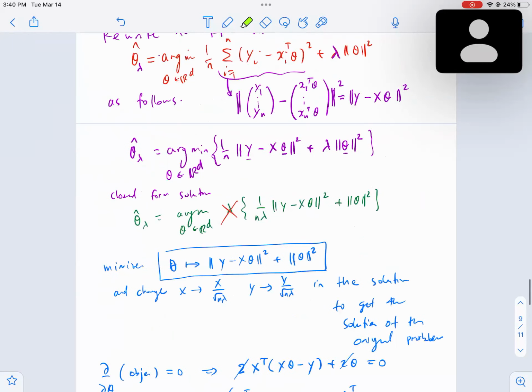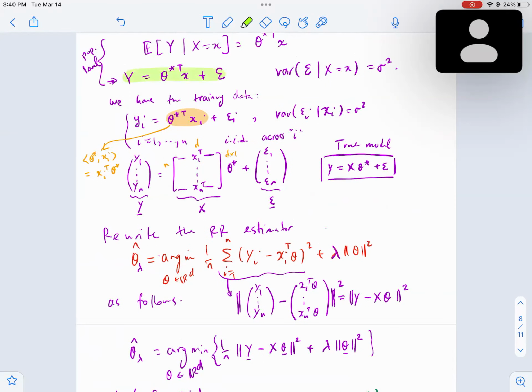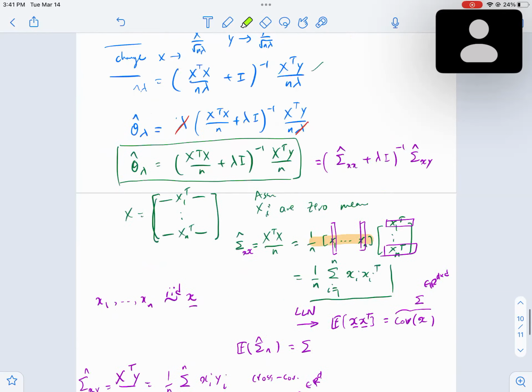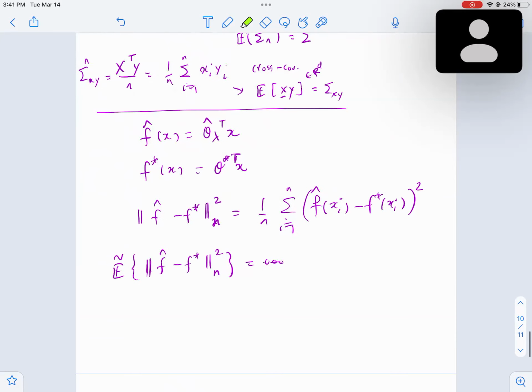If my model is like this, the optimal rule under the quadratic loss would be the conditional expectation of y given x, which is exactly theta star transpose x. So that's the true function, a function of x. And my estimate would be theta hat transpose x. That would be my estimate of the true function. Now I'm going to compare the two functions.